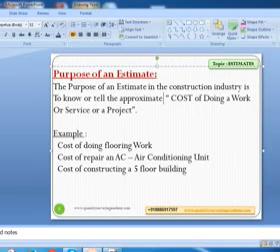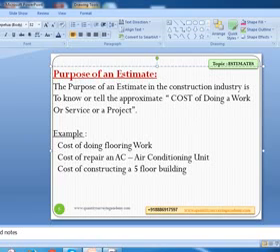For example, if you are taking any building project, like a 5-floor building, which includes everything, material, manpower, all the services required, then you will come to know the estimate for doing that particular project, that particular building, or that particular service. I have given examples here: cost of doing flooring work, you have to know the estimate, how much is required.